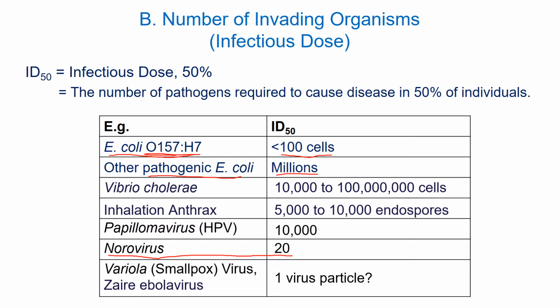You can see down here, very last on the list, I have smallpox, variola, and Zaire ebolavirus, which we're not going to do these tests, but it is believed from the available evidence that one virus particle may be enough to cause disease, which obviously makes these particular diseases very, very terrifying.